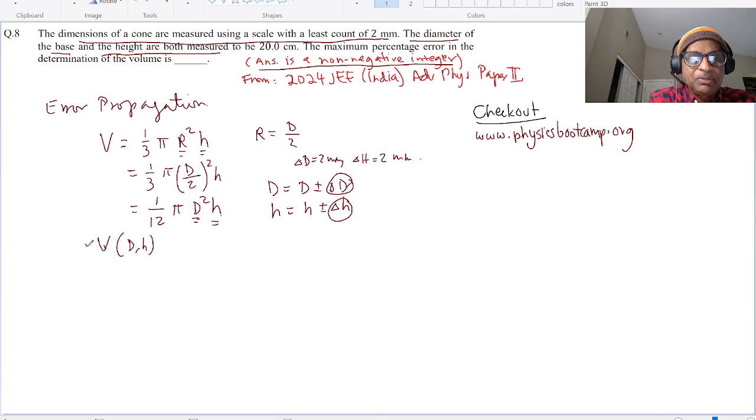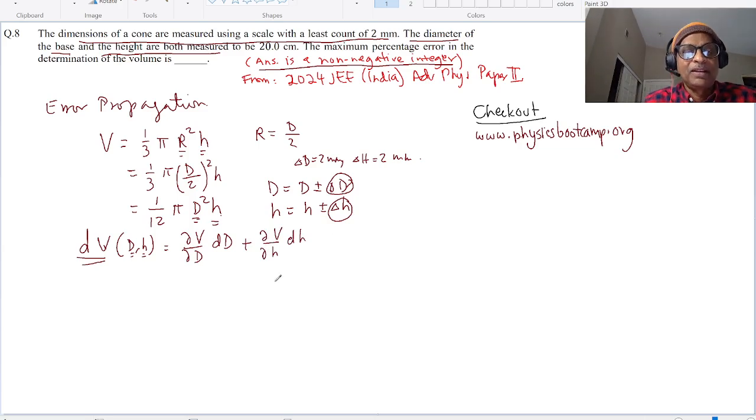If I change a little bit here and here, the change is going to be dV/dd times dd plus dV/dh times dh, and then we just call this delta V, delta d, delta h, and we take absolute values around it. That's their formula.